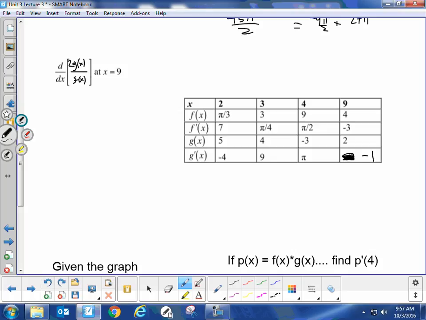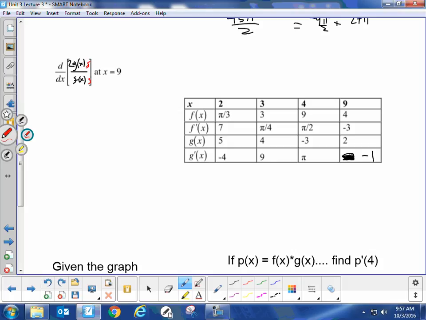Notice what the problem is designed to do. It's trying to trick you by putting g where we're used to having f, and by putting f where we're used to having g. So you've got to kind of get away from maybe f's and g's and maybe think about tops and bottoms. Or if you wanted to, it might confuse you, but write a little f or a little g there.